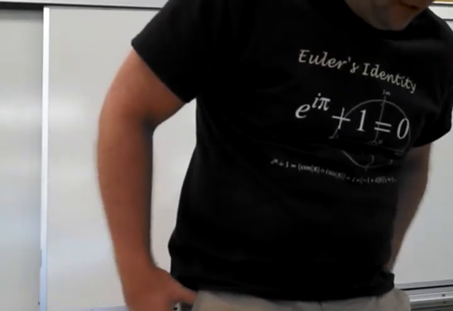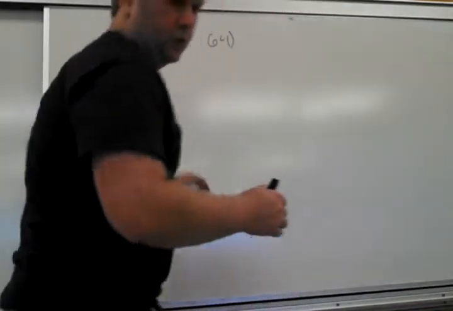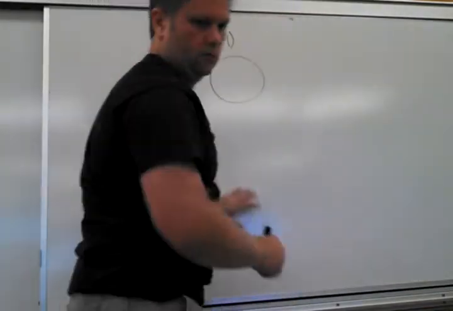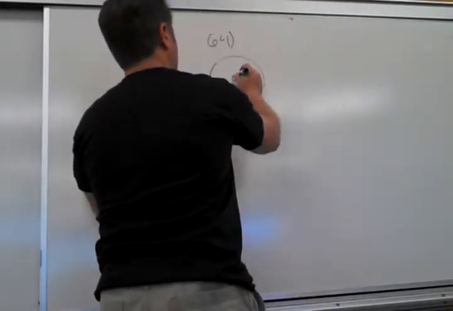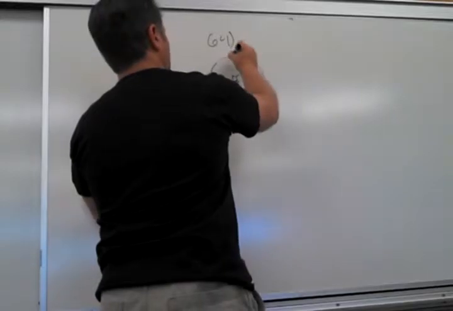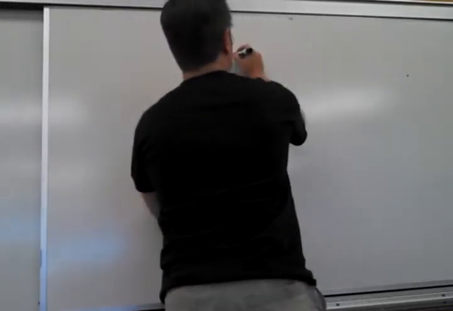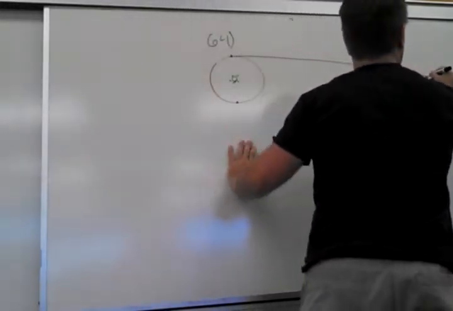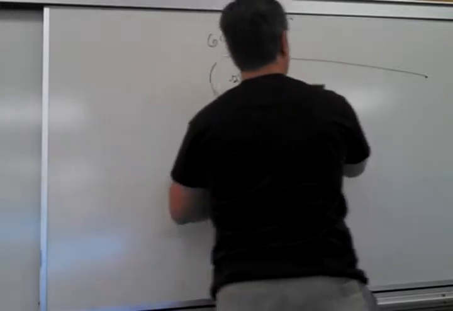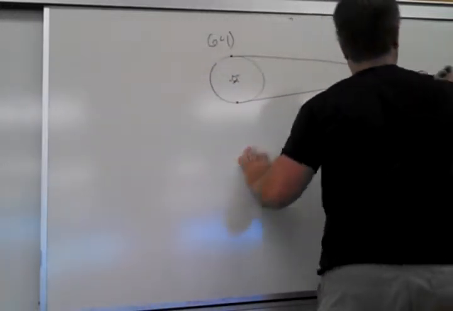Let's see. So we got this picture here. We've got a star way over there. The Earth at two different positions, so here's the sun. Earth at two different positions. Star way over there. Let's make it bigger.